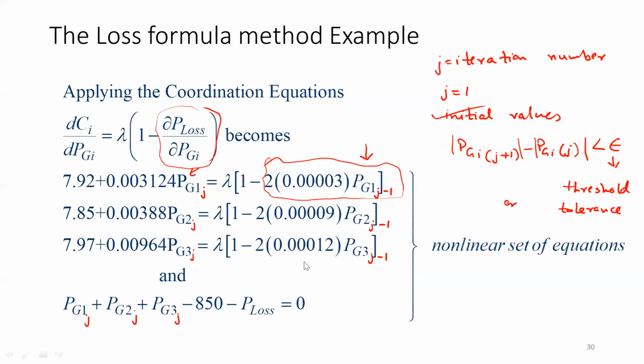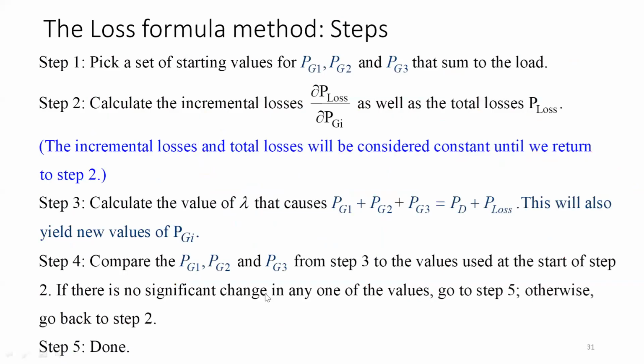Because P loss I did not write over here, sorry. So P loss is again a function of j minus 1. So again you have to calculate this term only. So these two terms you have to calculate. Okay, so based on whatever values of PG1, PG2 and PG3 you considered in this first step, based on that you will find the value of your dP loss by dPGi and the value of P loss.